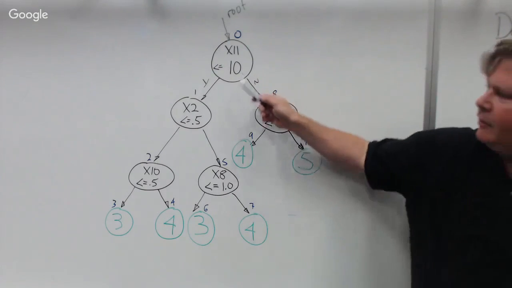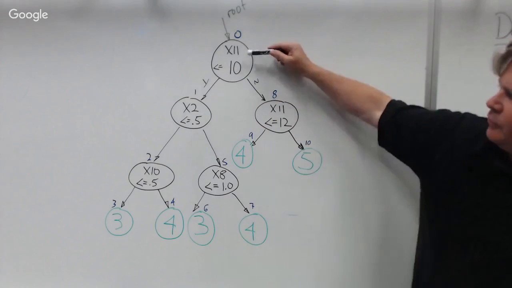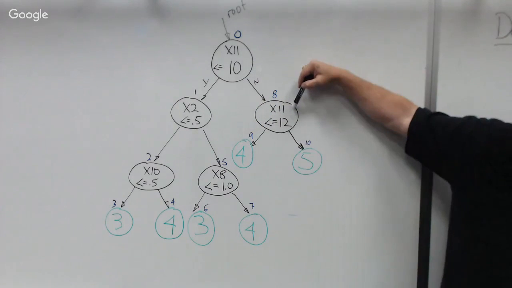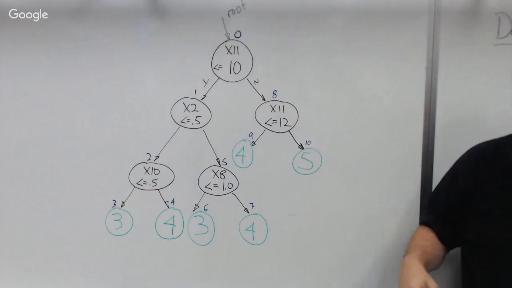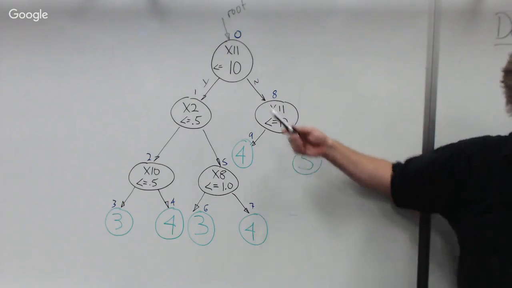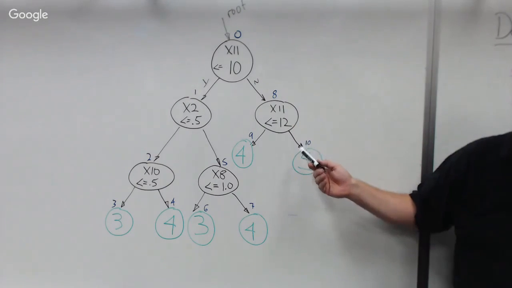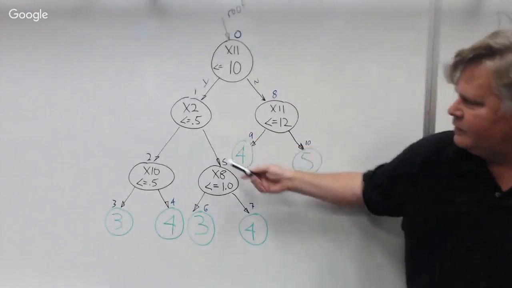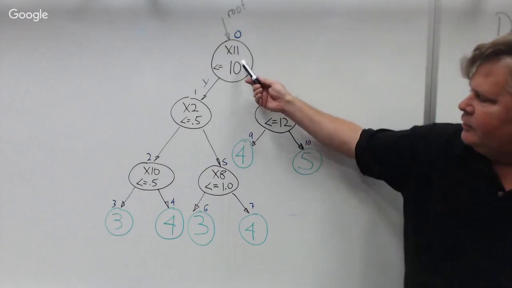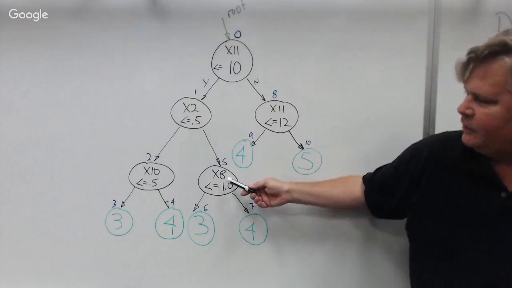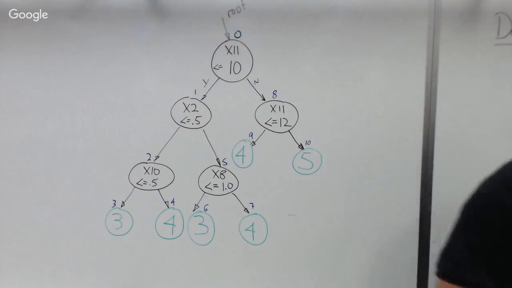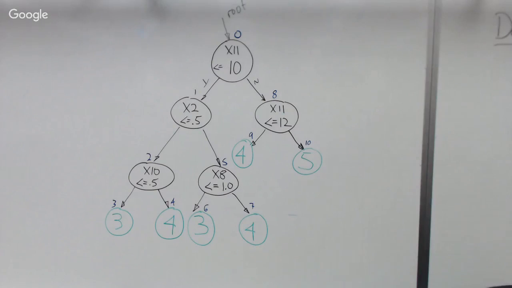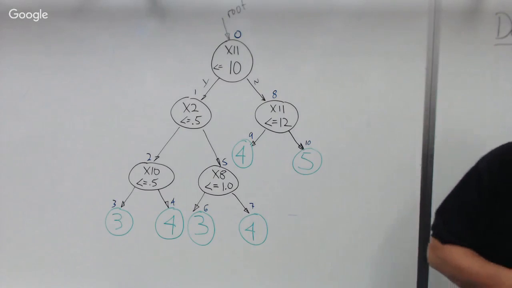You might have a factor at multiple levels within the tree, like factor 11 here, which appears twice. Note if you go down this path, you use factor 11, 2, and 8, but you don't use factor 10.